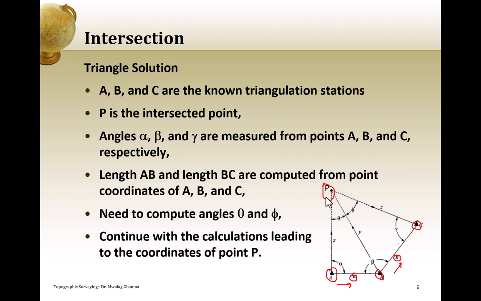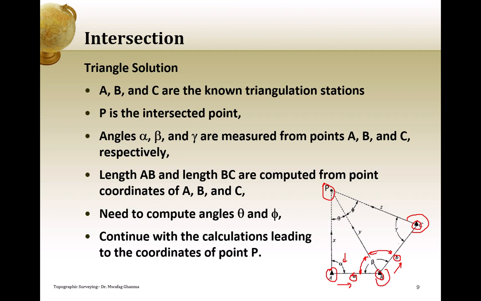And we need to calculate the easting and northing of this point. In the field, we measure alpha, we measure beta, we measure gamma, and we can measure other angles here and here and here, and we can measure the exterior angles as redundant. But basically, we need just the angles to the unknown point from these control points.